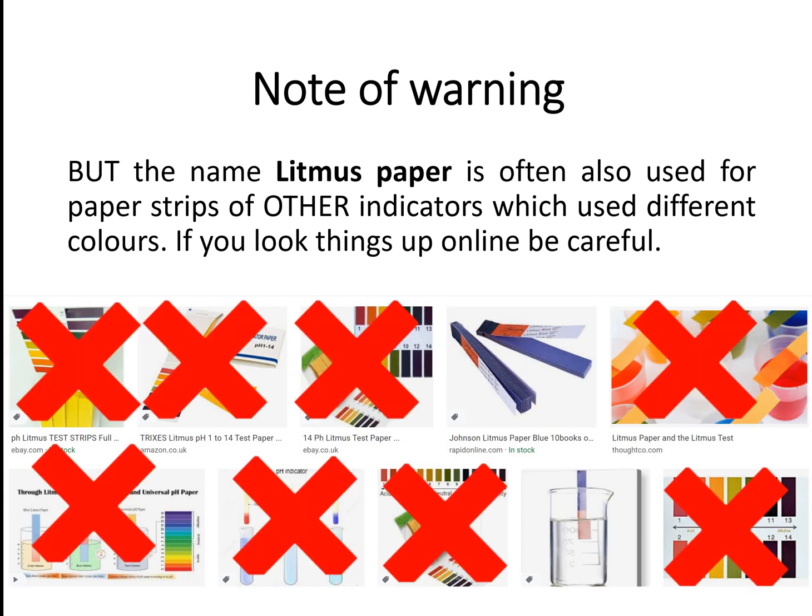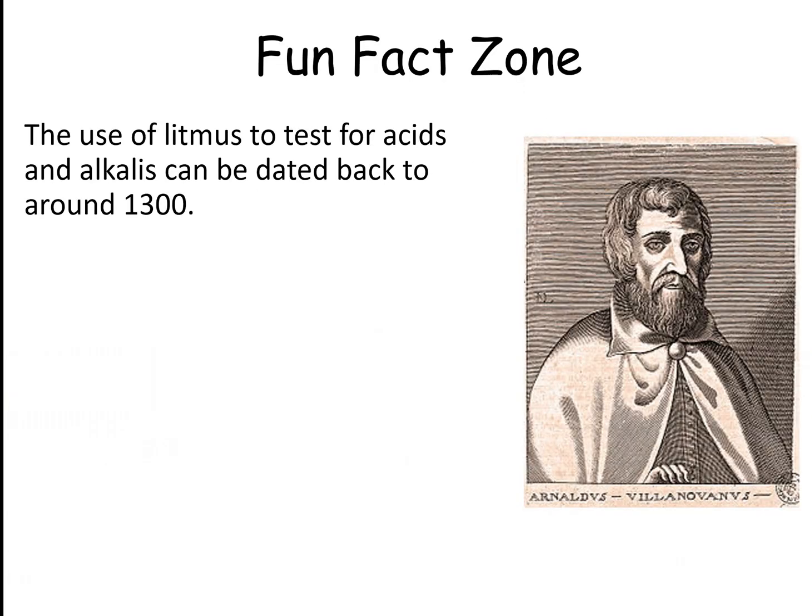Now, all of these are not true litmus paper. They are paper for testing acids and alkali, but it is not litmus they are using. Only these 2 are litmus paper, and I know this because I know litmus paper is either blue or red. So just remember this if you do look anything up online to do with litmus paper.